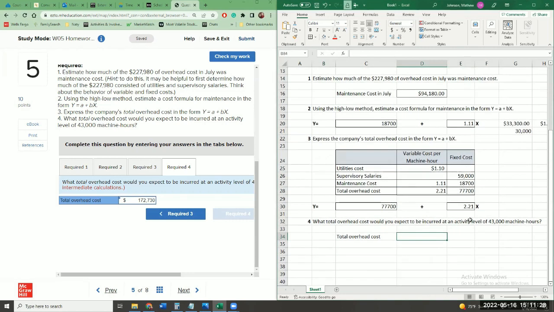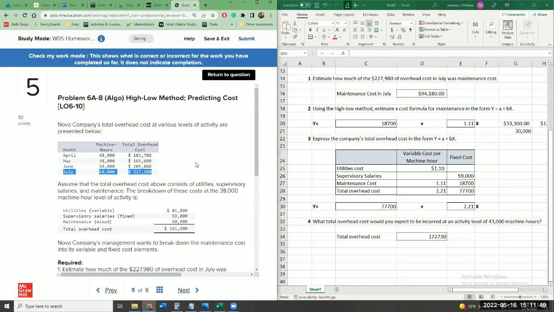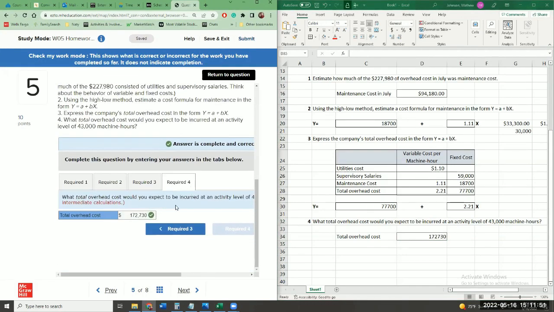And because X is the units and this time is machine hours, we just need to multiply this 43,000 times 2.21 and add the 77,700. And that will give you 172,730. And that's it. If I check my work, that will be correct.